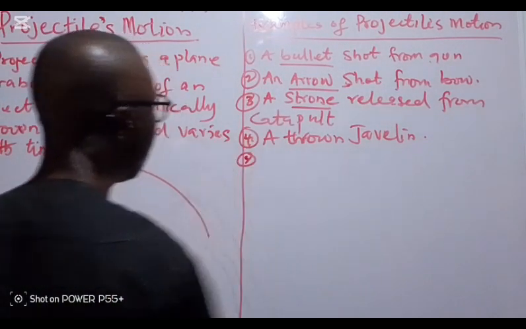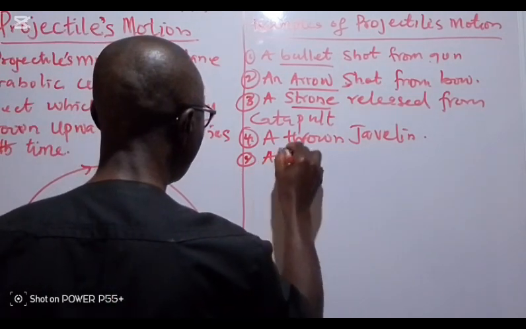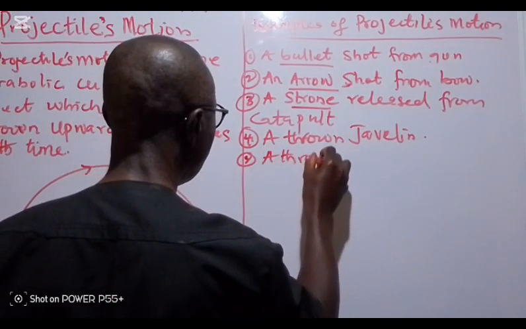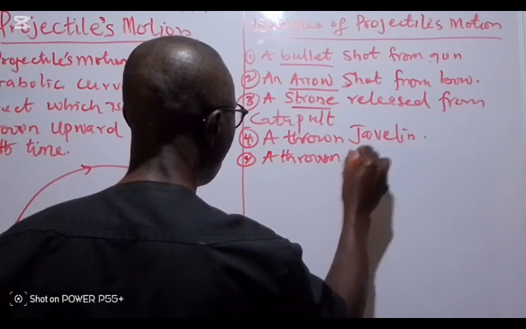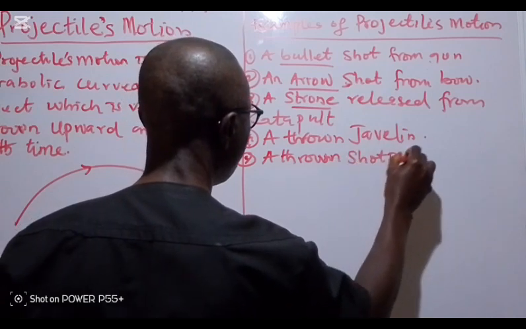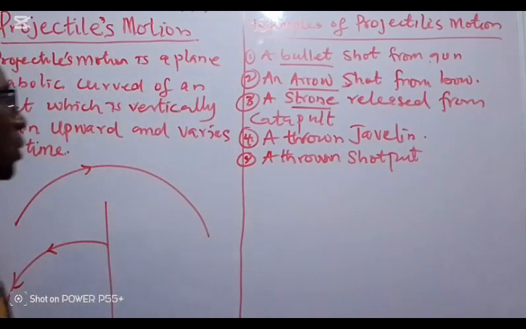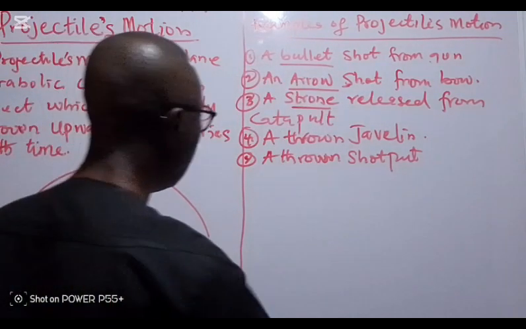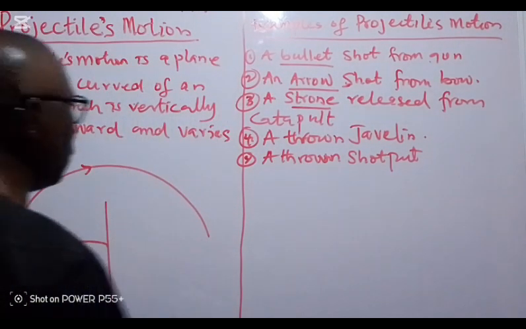Number 5, a thrown shot put. Shot put is a sport material. When it's thrown, it must follow a parabolic curve.